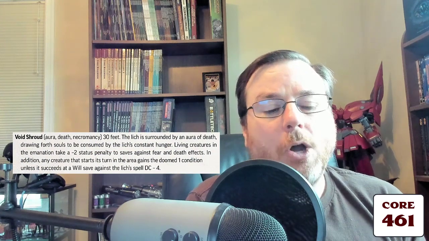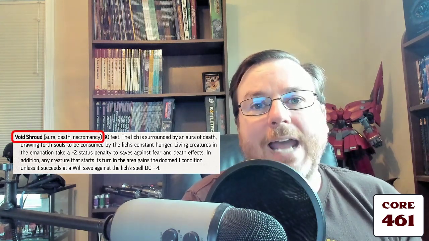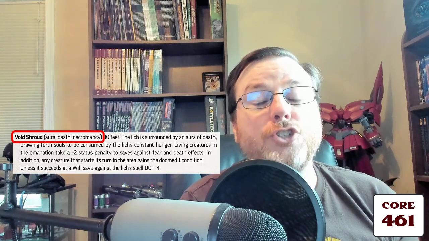While I'm on this topic, I do want to talk about auras that have the death trait. There are some auras in the game that have the death trait. In particular, Void Shrouds, which are one of the possible abilities that you'll encounter with liches, create a 30-foot aura around the lich that has the death trait associated with that aura.